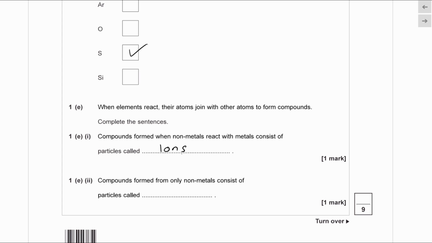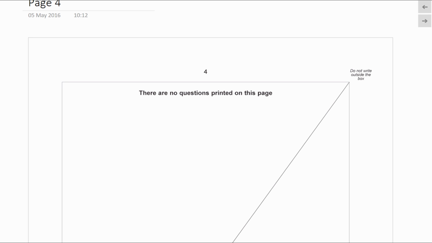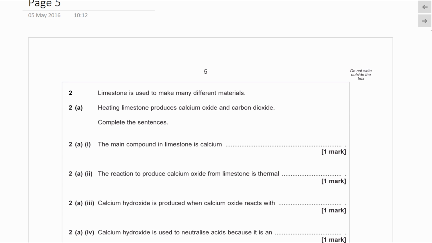Okay, compounds formed from only non-metals consist of particles called, well, this is when you have covalent bonding, and covalent bonding in general will form molecules. Okay, there are a few exceptions like silicon dioxide and diamond where you form giant covalent structures, but in general, non-metals will form molecules. All right, and that brings us to the end of question 1.